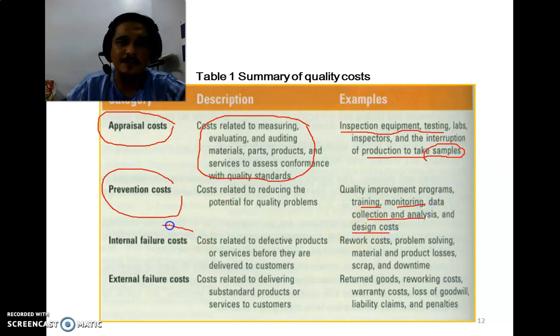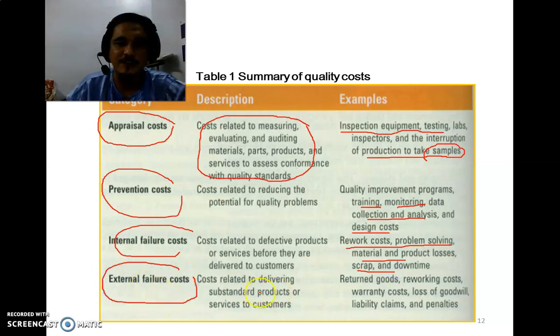Internal failure costs relate with defective product or service before they are delivered to the customer: rework costs, problem solving, material product losses, scrap, and downtime. And external failure costs are related with the delivery of substandard product or service to the customer: returned goods, product recall, reworking costs, warranty costs, loss of goodwill, liability claims, and penalty.